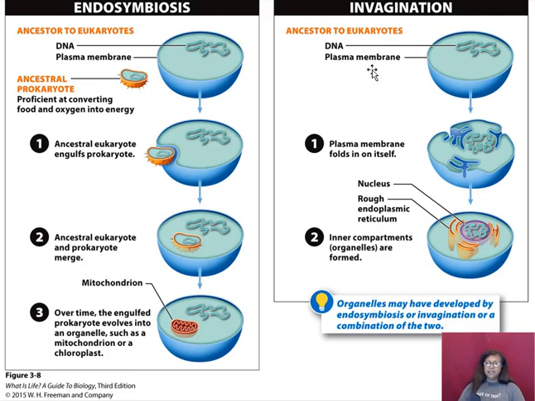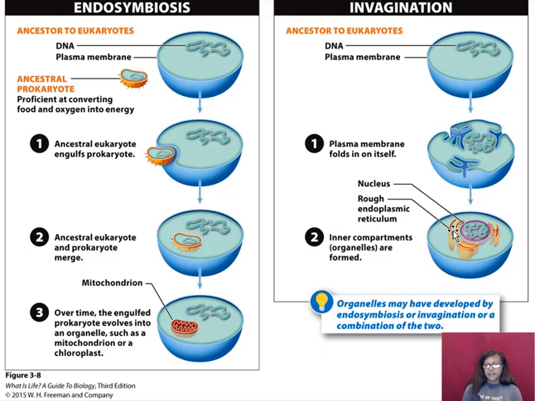And so the thought is, again, way back when we basically had just these cells, right, that at some point the plasma membrane started to fold in on itself, and then we ended up with these inner compartments, which are now organelles being formed, and they ended up becoming what is now called the rough endoplasmic reticulum.